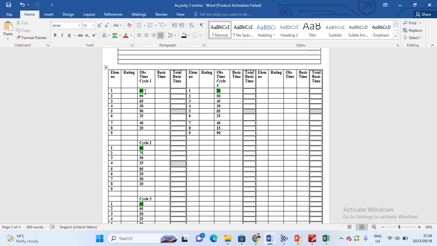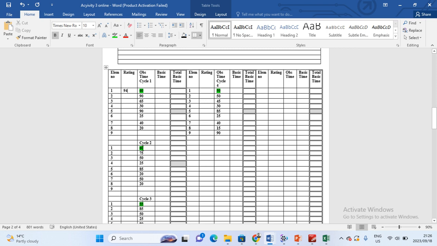You multiply this answer by 100, it should give you 93.75. But remember the instruction, you round off the number to 94, and that's how you go about getting your rating. You do the same thing for the first element in our second cycle.